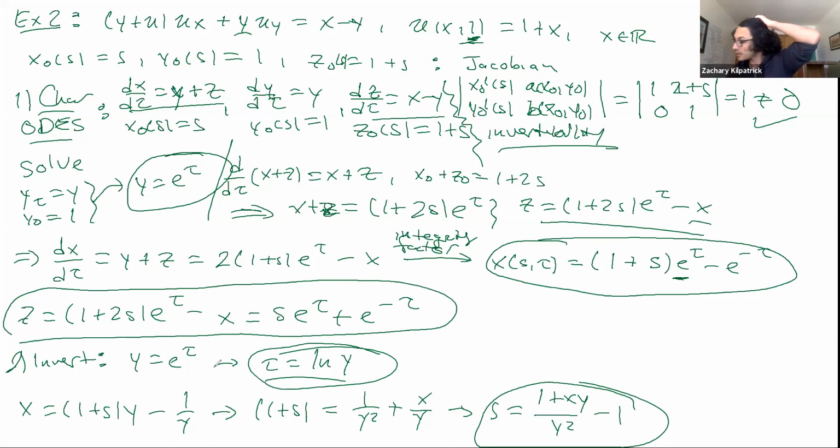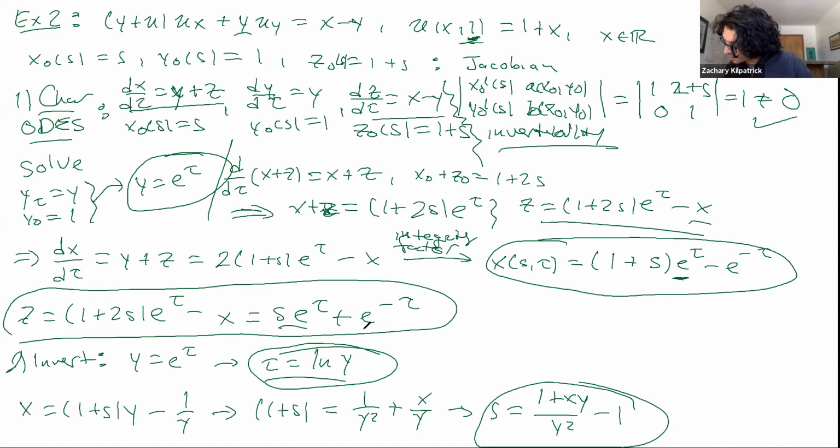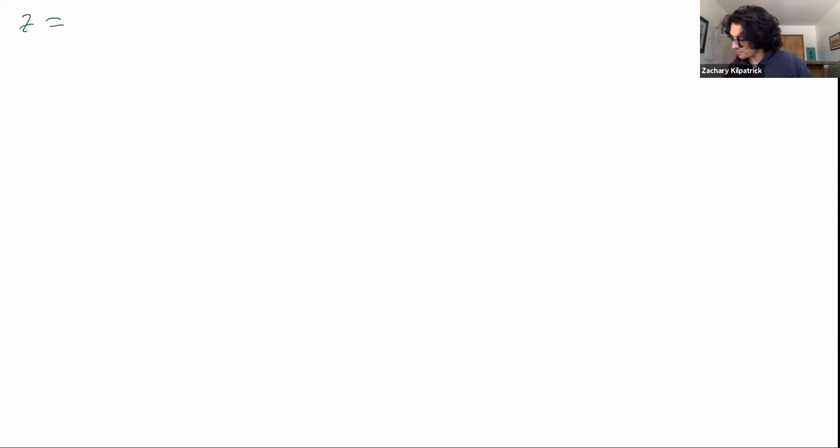Great, okay? So now I plug all this into z, and I get that z is equal to, well, remember it's s e to the tau, e to the minus tau. So those are just y terms there. S is where it gets a bit messy, okay?